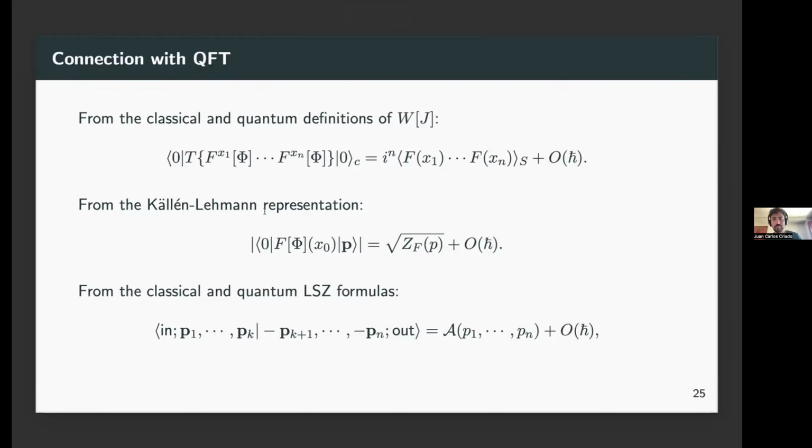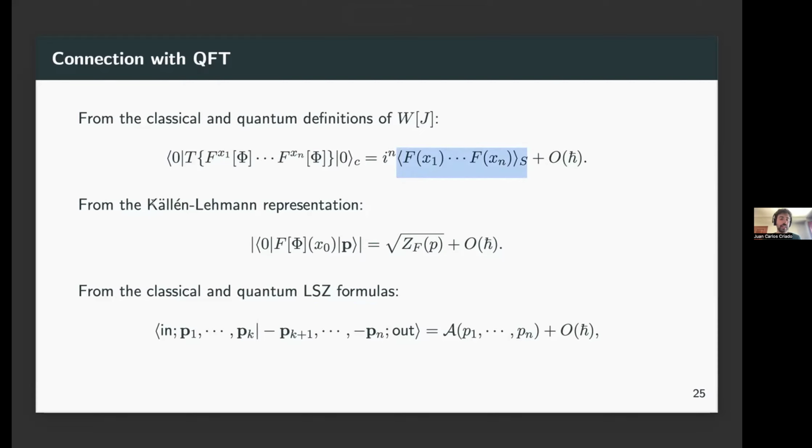And just a very brief point here: these classical objects that we've defined, we show in the paper that they can pretty easily be related to the tree-level approximation to the quantum analogs. So at tree level, this expectation value is the same as the Green function I've defined.